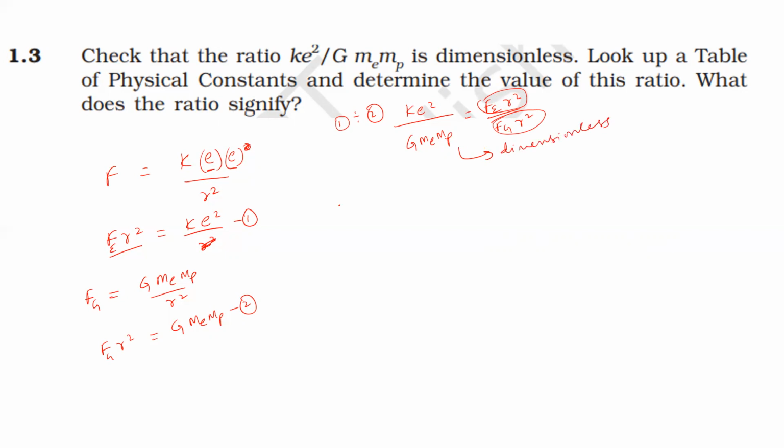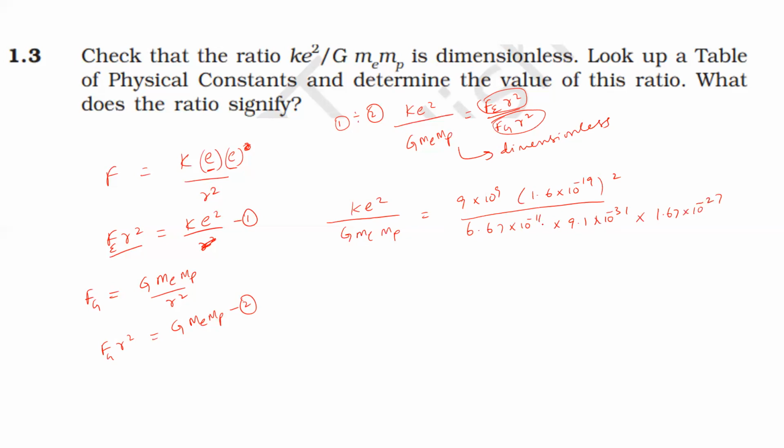Now let us calculate the value of K e square divided by G me into mp. K value is 9 into 10 power 9. e value is 1.6 into 10 power minus 19, whole square. Divided by G value, 6.67 into 10 power minus 11, and into mass of electron, 9.1 into 10 power minus 31, into mass of proton, nearly 1.67 into 10 power minus 27.